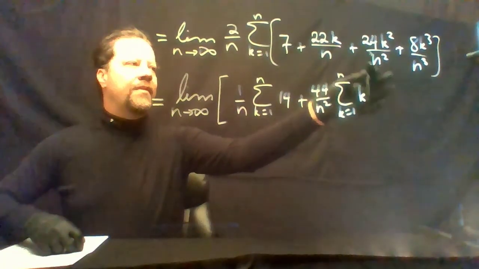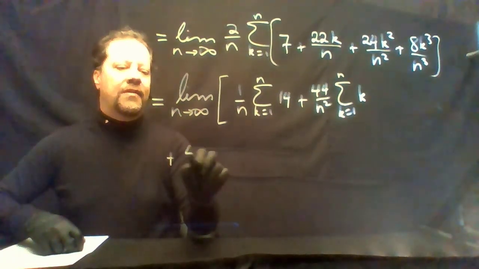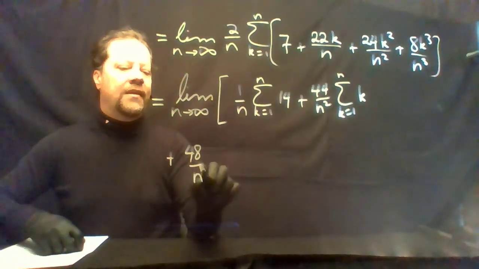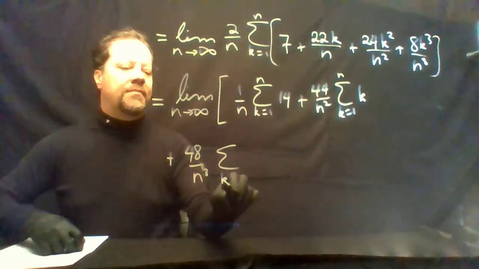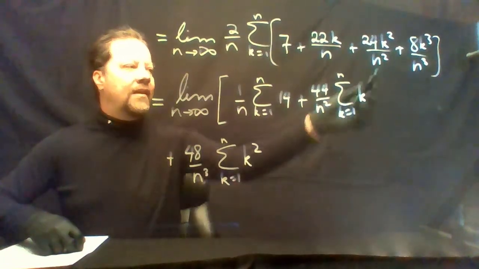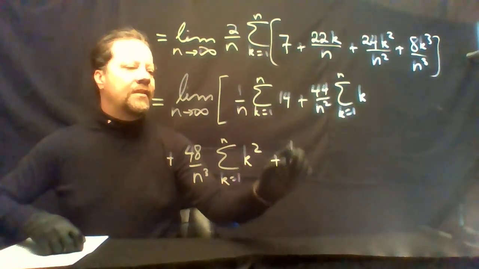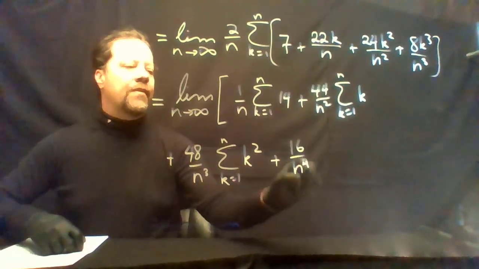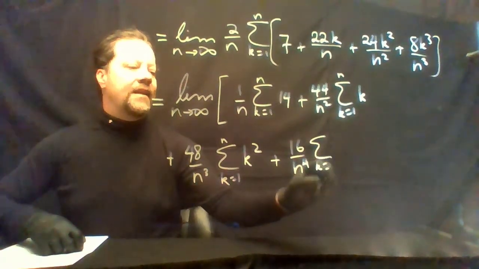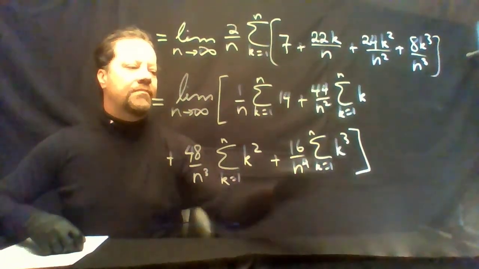On the third term, the 24/n^2 can come out of the sum. That'll give us 48/n^3 times the sum as k goes from 1 to n of k^2. And then the 8/n^3 comes out, giving us 16/n^4, the sum as k goes from 1 to n of k^3. End bracket.